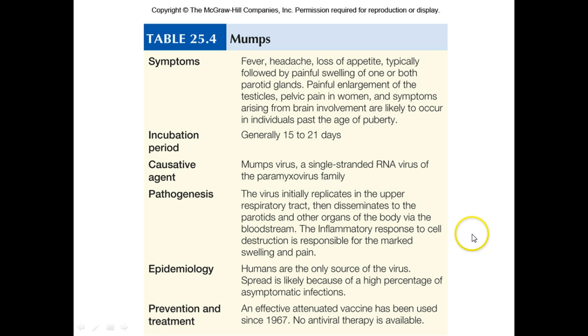One of the interesting things about this infection is that it was extremely widespread in the 50s, before we had vaccination for it. Most people got the mumps. I'm a big Kevin Costner fan, and there's a movie he did called The Postman, set in a time frame after some catastrophic event when we no longer had communication.